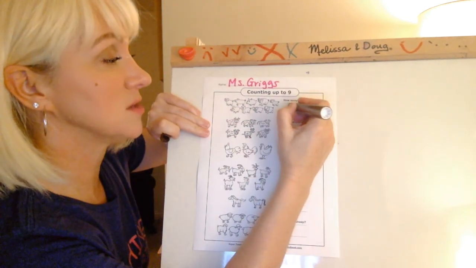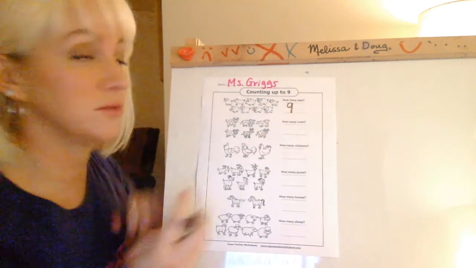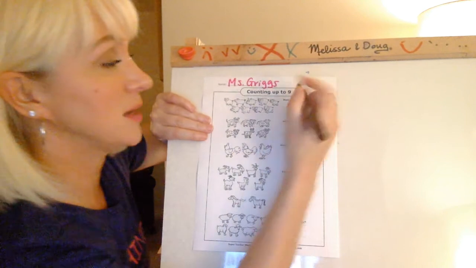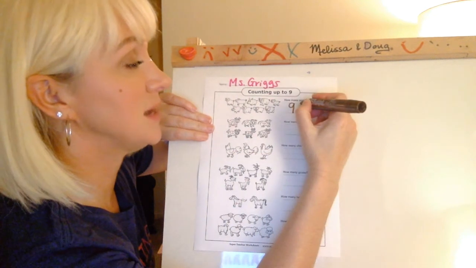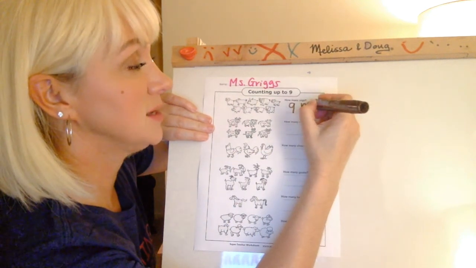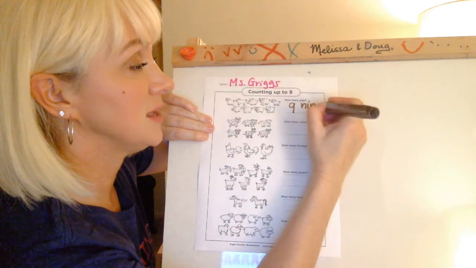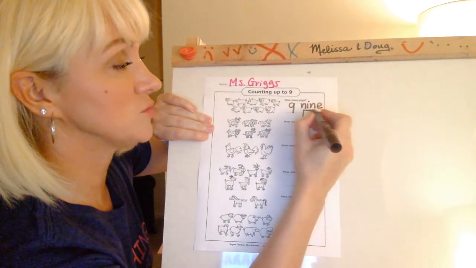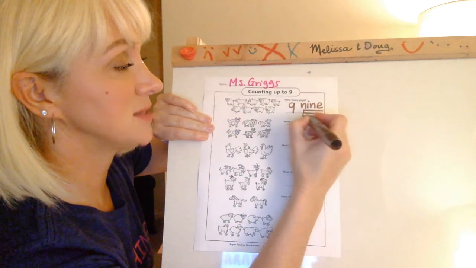I am going to write the number 9. So a circle and a line, you're doing fine. That's how you make a number 9. And up top here, I'm going to write the word 9, N-I-N-E, and then I'm going to draw a 10 frame.